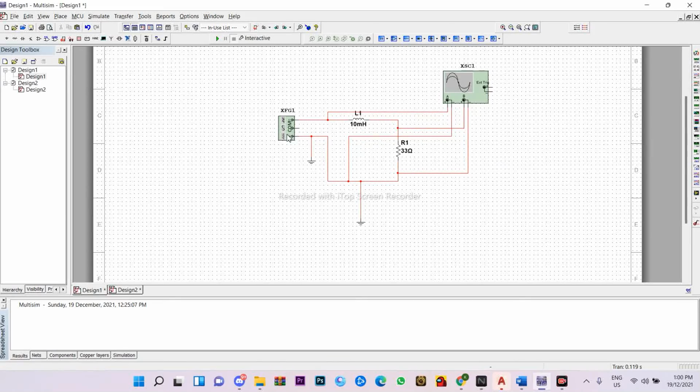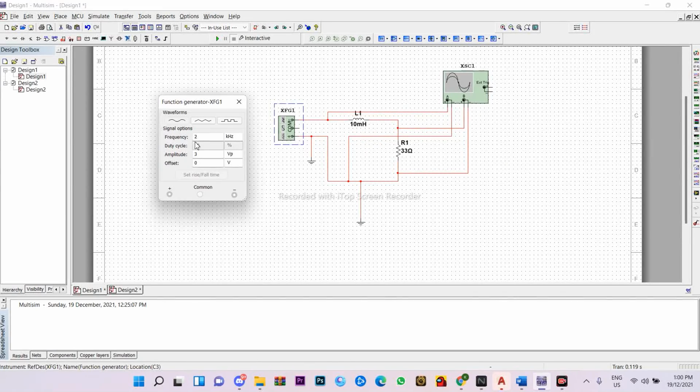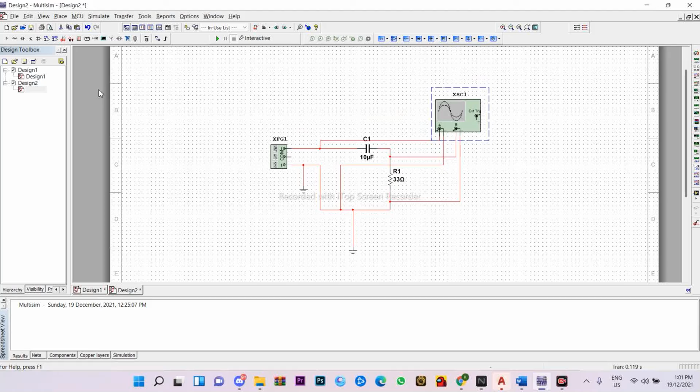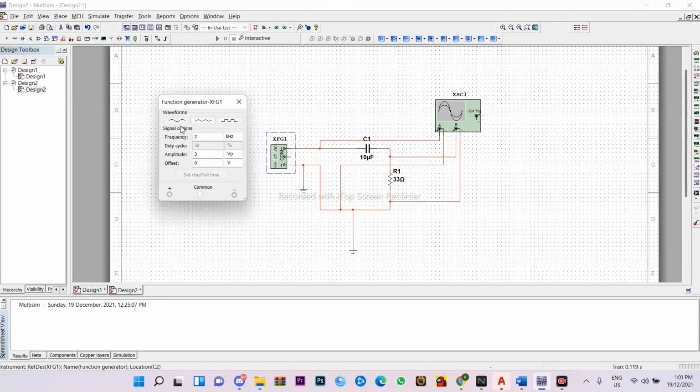For the function generator, the setting will be 2 kHz frequency, amplitude 3 Vp, and the waveform will be sine wave. The same goes for our RC circuit. Sine wave frequency will be 2 kHz and amplitude will be 3 Vp.